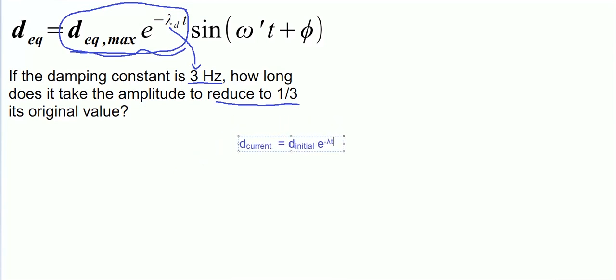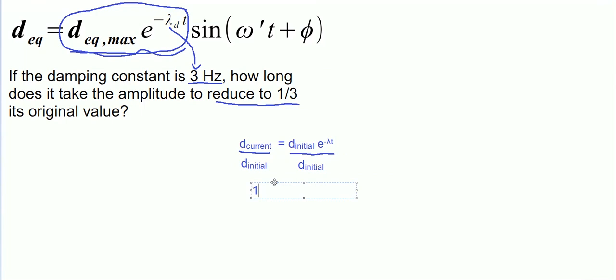Now, what we're looking for is how long it takes for this to reduce to 1/3 of its original value. So basically we want to take each one of these equations and divide each one by d initial. The reason for this is we're told that the current amplitude divided by the initial amplitude needs to give us 1/3.